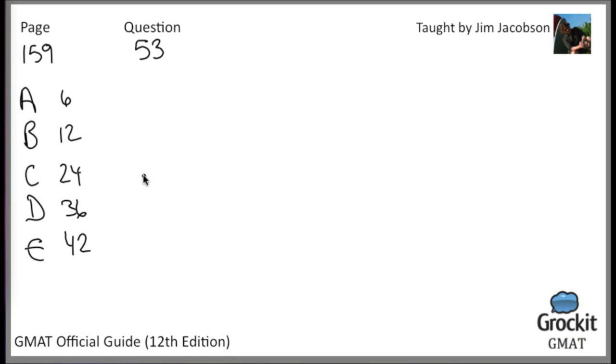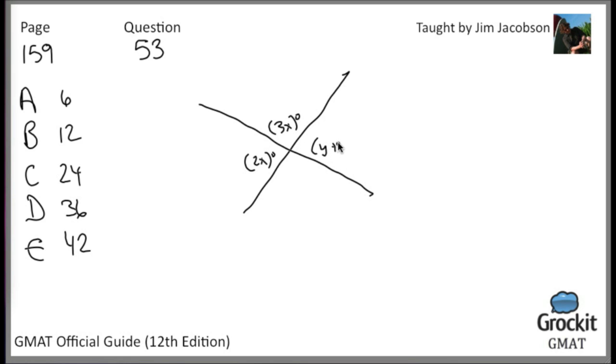In the figure above, the value of y is what? We have a figure above that looks something sort of like this, but the lines are straighter. We have 2x degrees there. We have 3x degrees there. And y plus 30 degrees there.